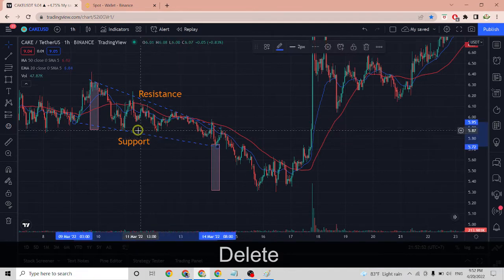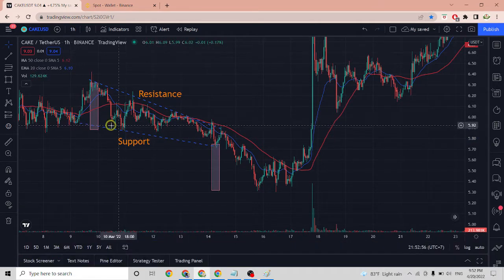So we draw this line from here, and this one is the checkpoint, and this one becomes support. Checkpoint, resistance. So it can be the falling wedge. This is support, and this is resistance.